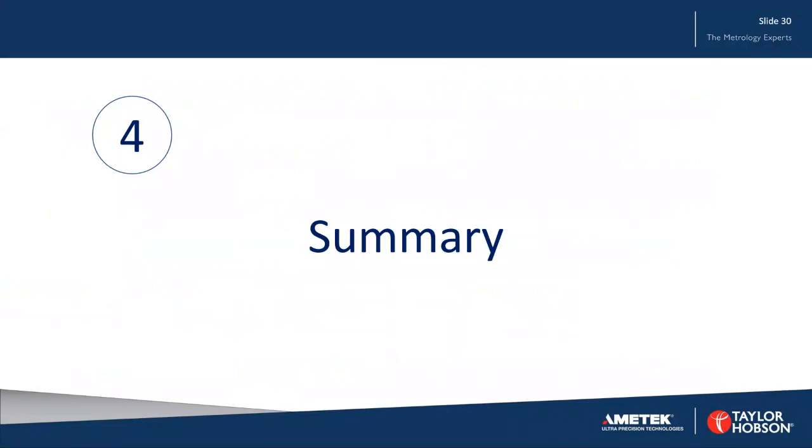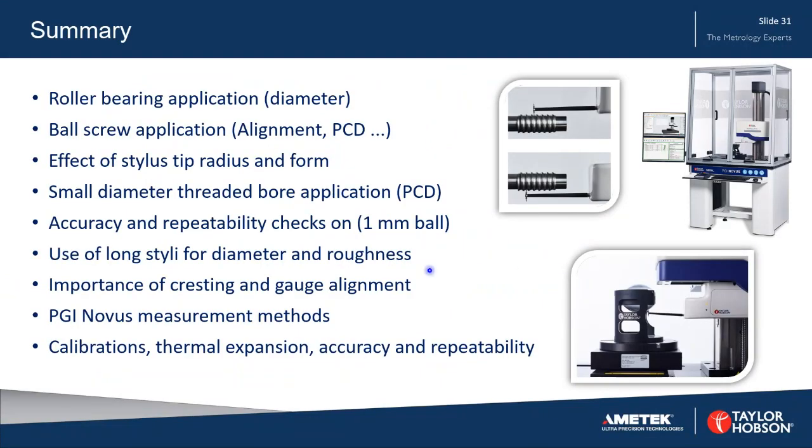So in summary, we've looked at a roller bearing application for diameter. We've looked at a ball screw application. We've considered the importance of alignment, and we've measured the pitch circle diameter. We've taken a look at the effect of stylus tip radius and form on the measurement of Gothic arch parts, such as a ball screw.